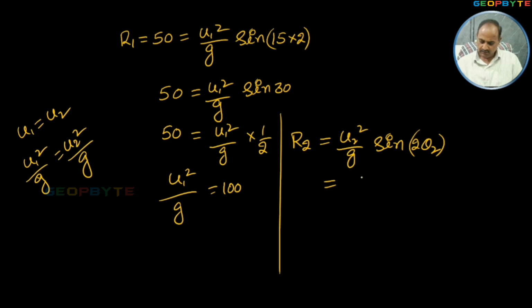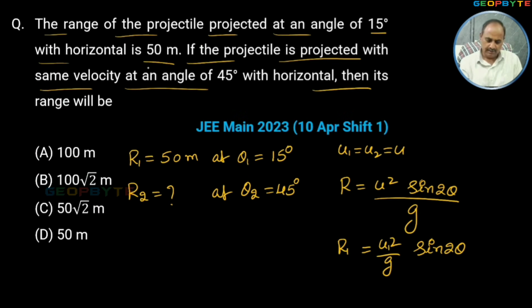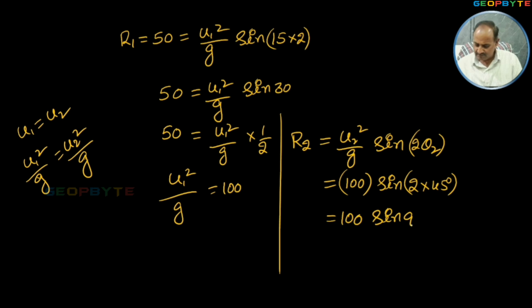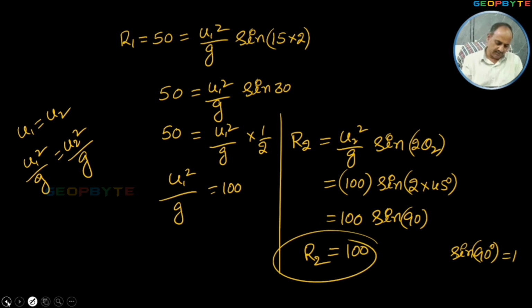So this u2 square by g I can write 100 into sine 2 into theta 2, given as 45 degrees. That is becoming 100 into sine 90. Sine 90 is how much? Sine 90 degrees equal to 1. Then it is 100. So R2 equal to 100 meters.